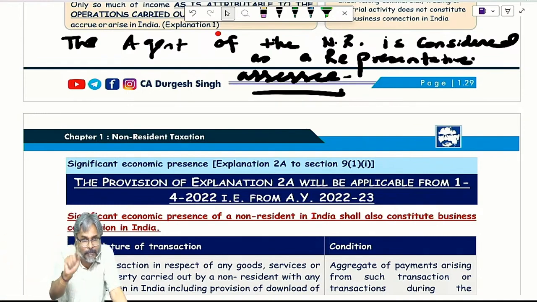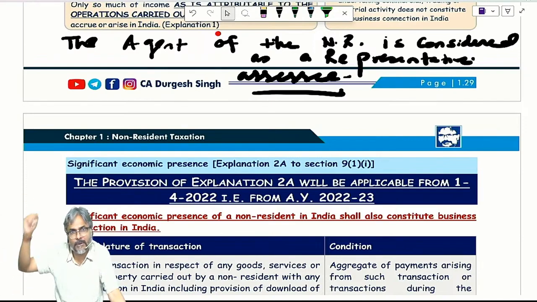It was a big eye-opener that just because there is no physical presence, the danger would be that there will not be a business connection in India because of the lack of physical presence. But is there a significant economic presence of that person? Yes, he is still doing a turnover of many lakhs of crores of rupees.